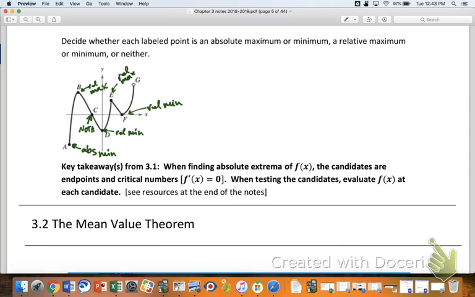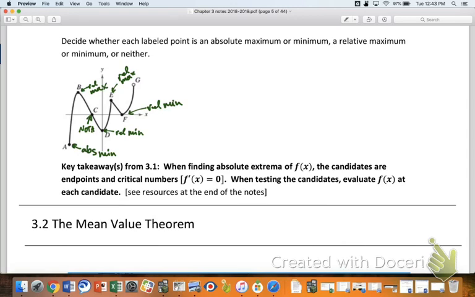So point B would be like reaching the top of Loveland Pass. You went up, up, up, you hit the top, and you drop down. And then D would be like you reach a valley, you reach Frisco, and you start back up Vail Pass. And then E would be the top of Vail Pass, and so on and so forth.